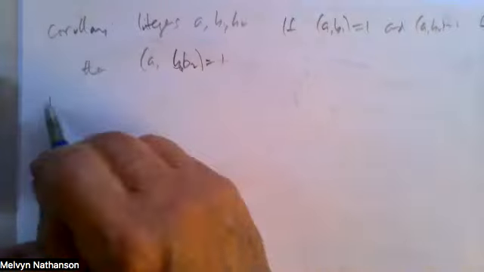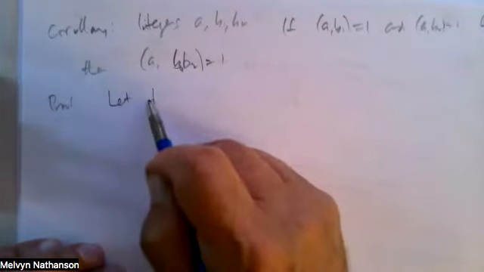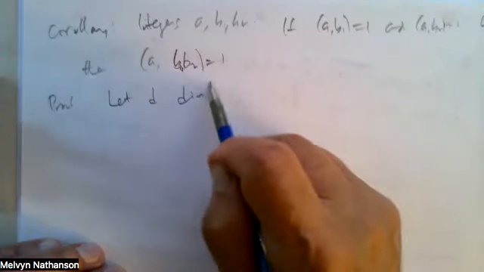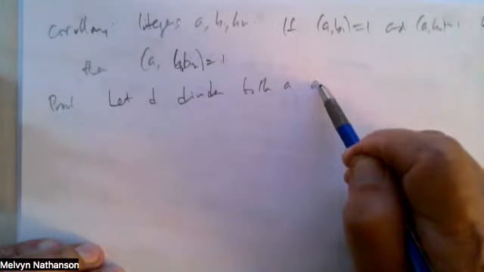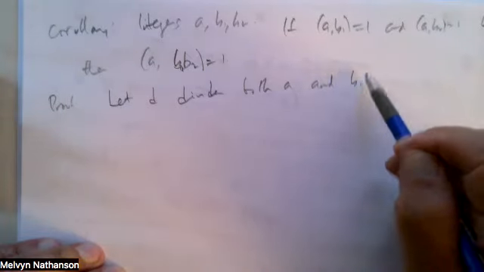And the proof is essentially a proof by contradiction. Let D divide both A and B1, B2.